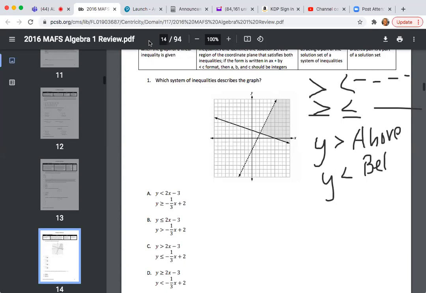So I think if you know just this basic fact, you should be able to pick out the correct answer. The other thing that might help, just in case you forgot: a positive slope graph rises to the right, and a negative slope graph falls to the right. You should know these basics about the inequality graphs.